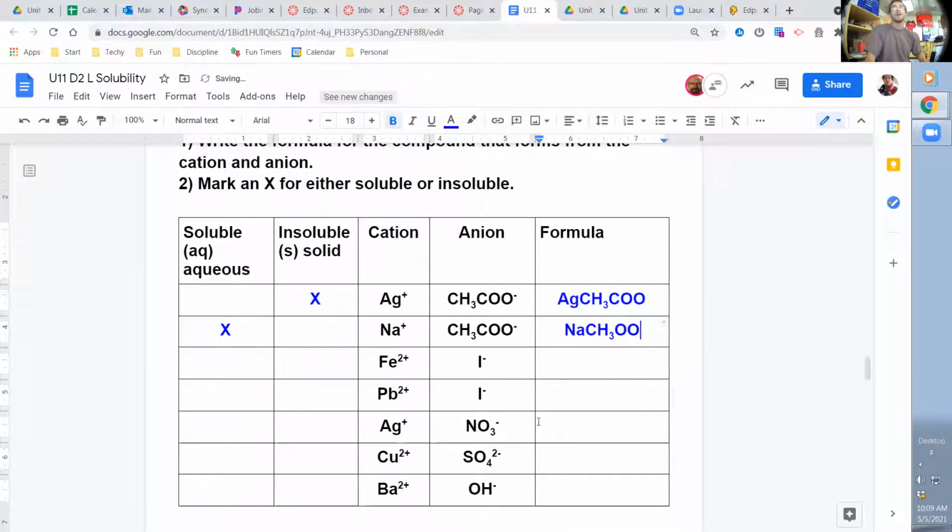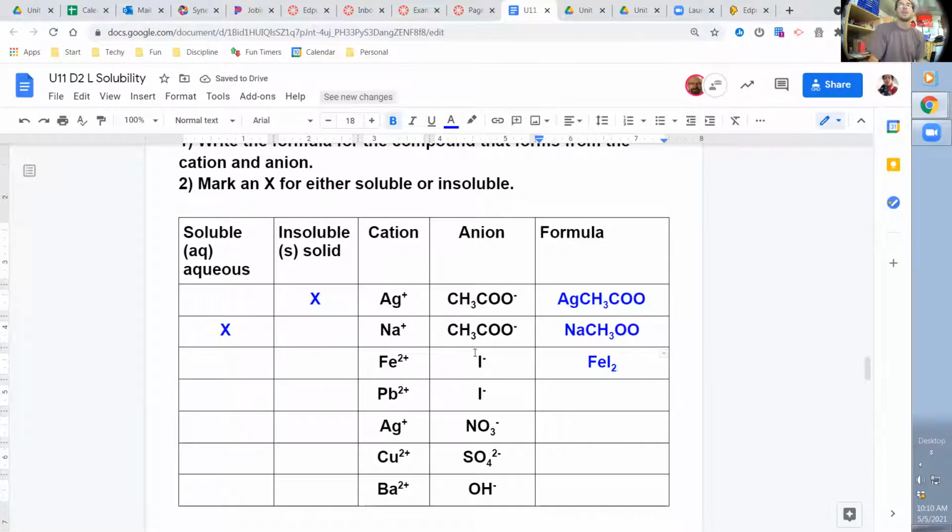Okay, next one. Iron iodide. That's the name of this formula. It looks like there's a +2 charge on the cation and a -1 charge on the anion. So your formula should look like this: Fe, I, and there need to be 2 iodides. That's iron iodide.